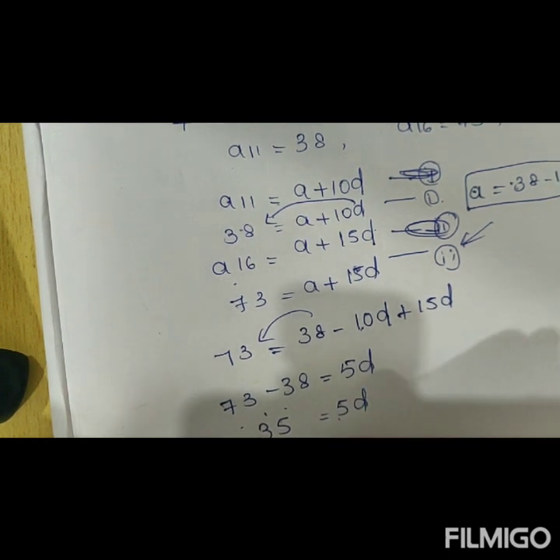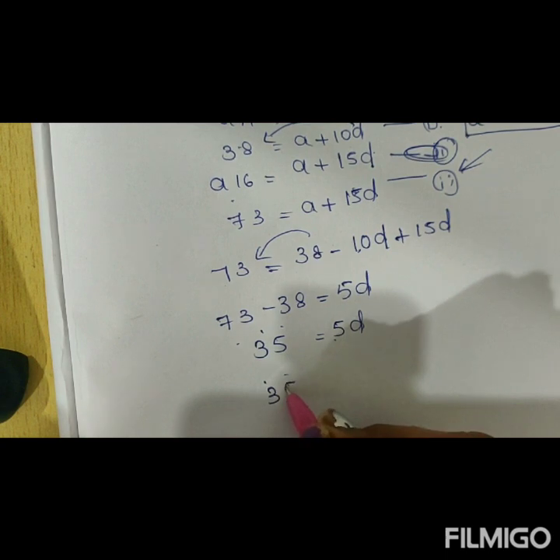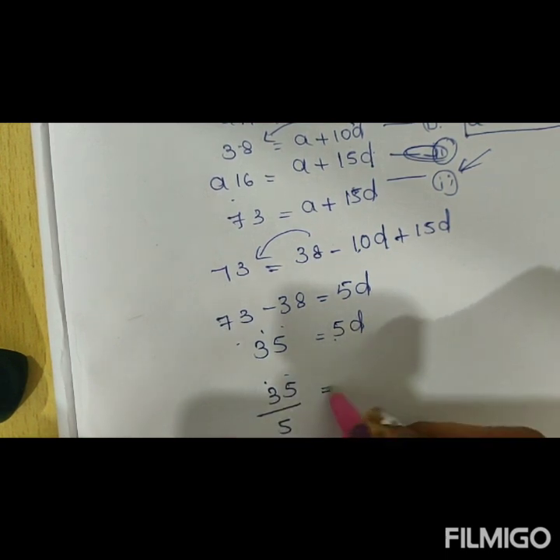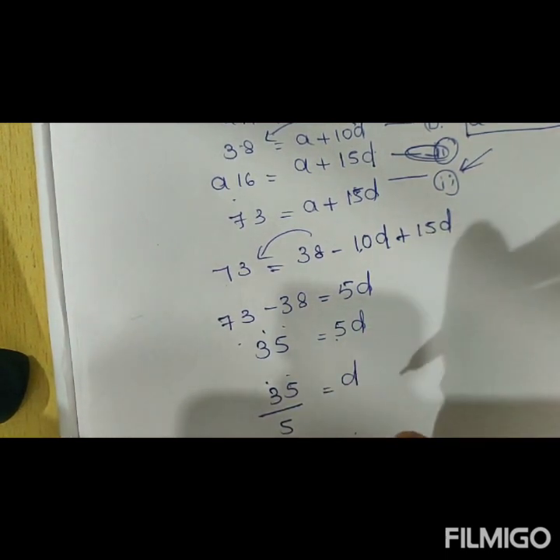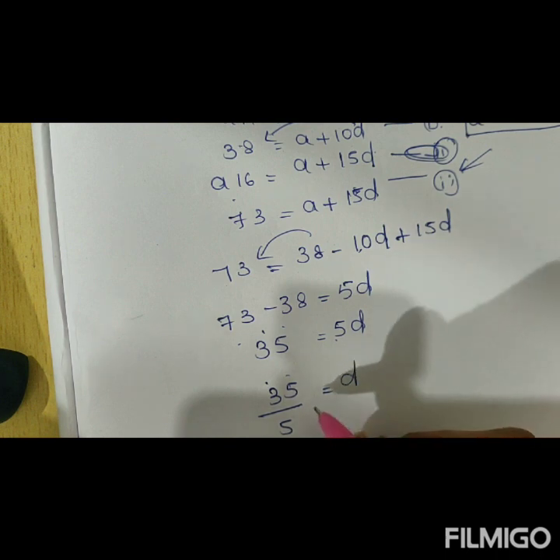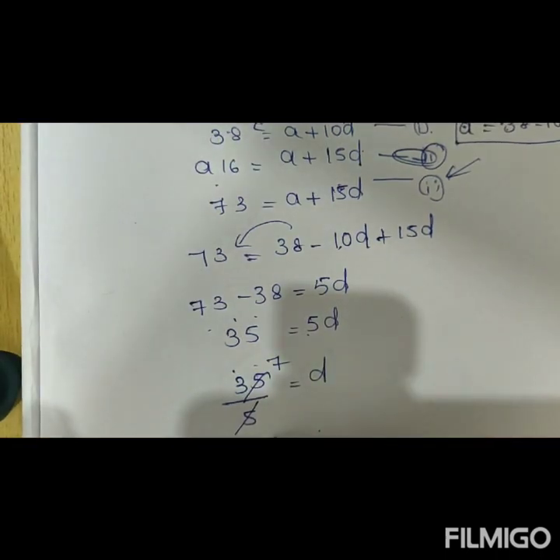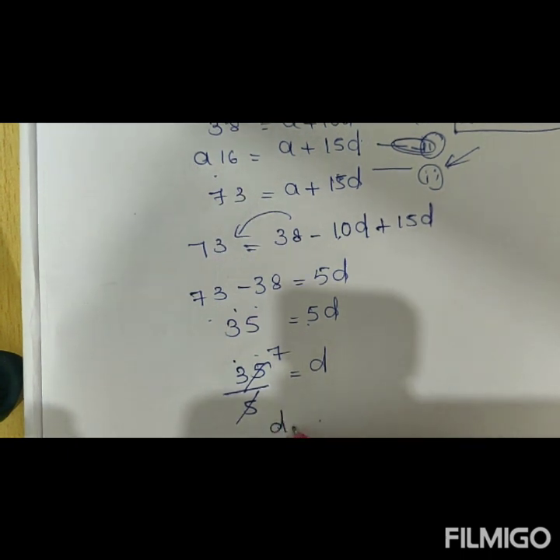So 5 will come to the denominator. We know that 5 7s are 35. So D is equal to 7.